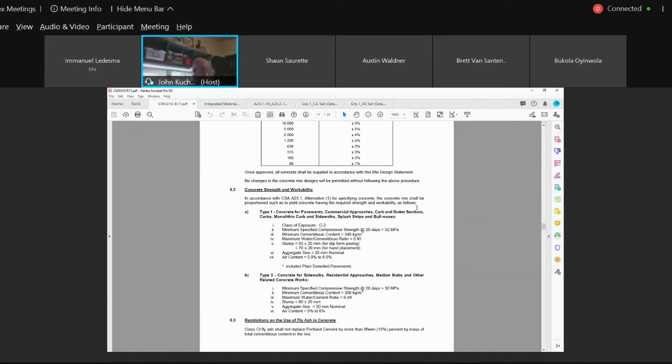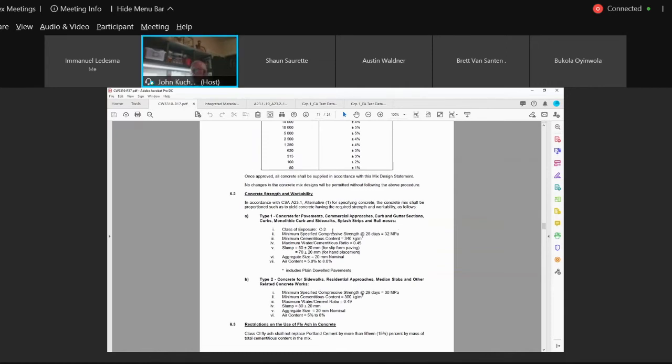So here we're looking at a type 1 paving mix. Concrete pavements, commercial approaches, curb and gutters, monolithic curb, and sidewalks. And we want the concrete pavement. Now, we're looking at two types of type 1: slip form paving and hand placement.